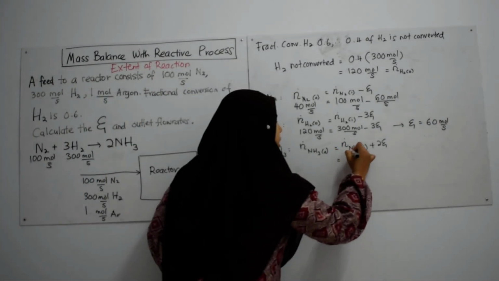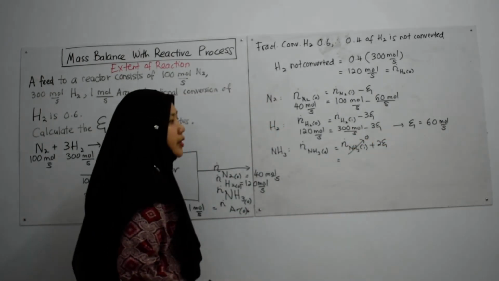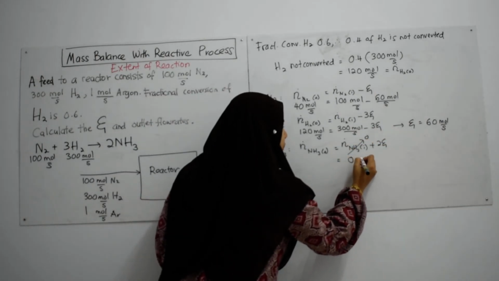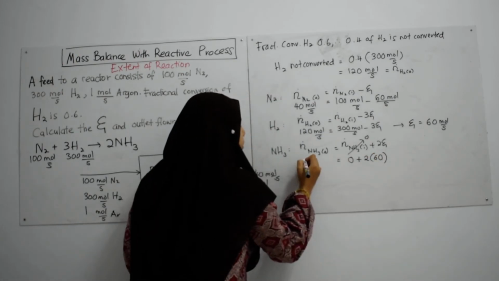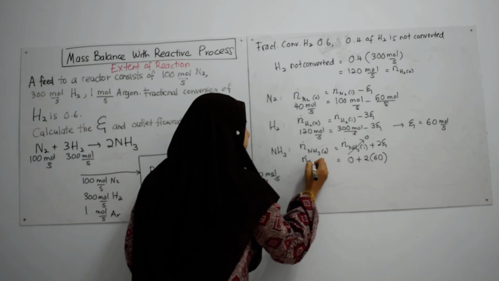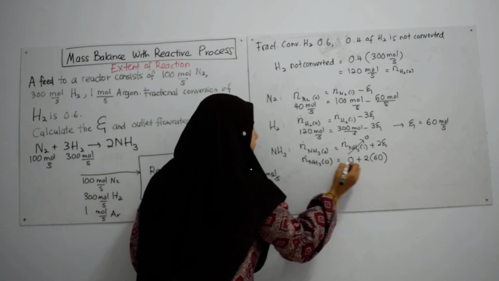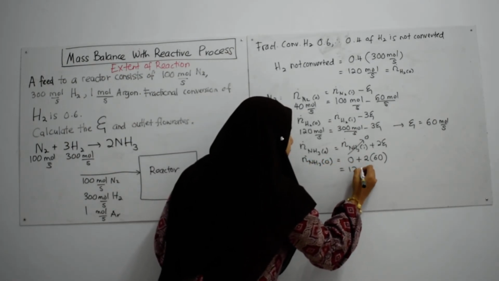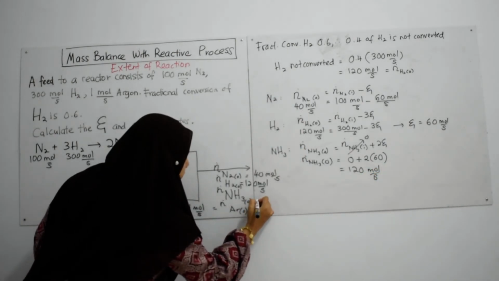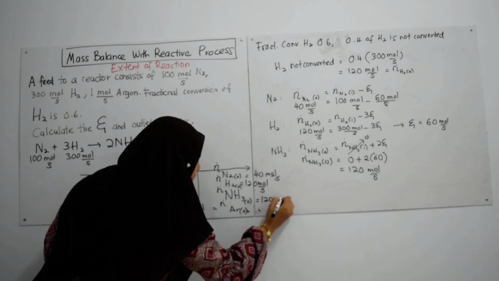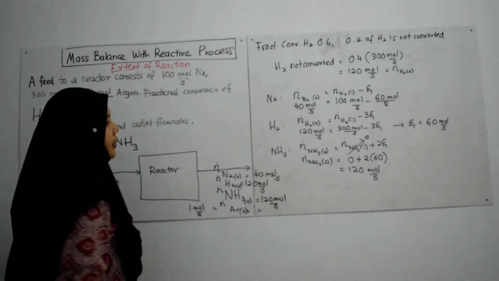So this one is actually 0, plus 2 times 60. So NH3 here is actually 120 mole per second.